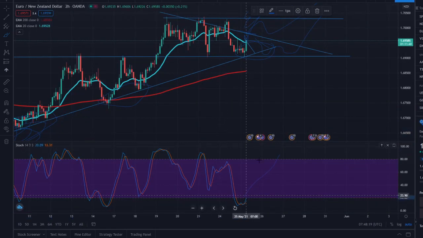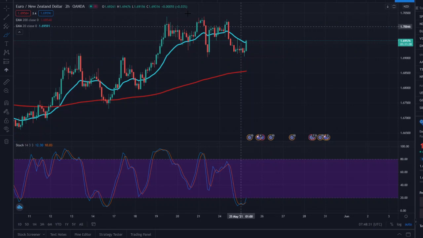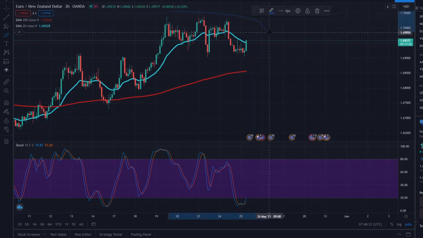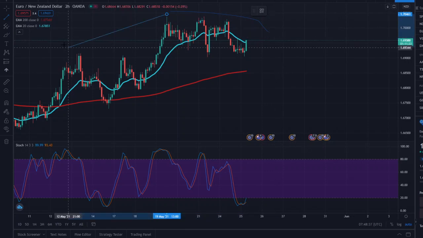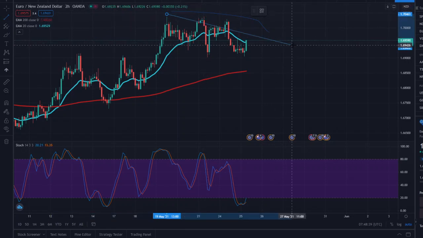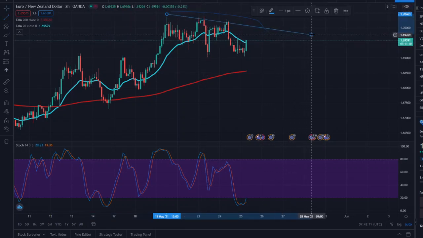The 2-hour chart suggests we still have room on the stochastics, and look at how high we are with the candlestick, and how close we are to the triangle.